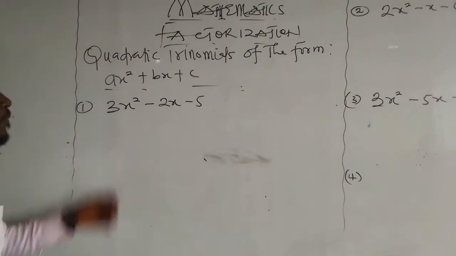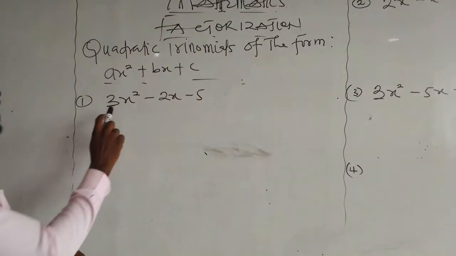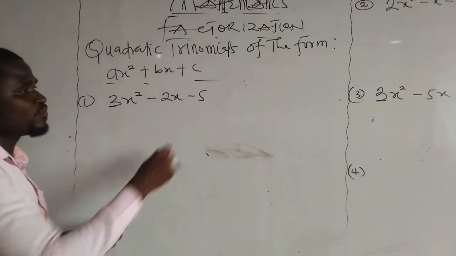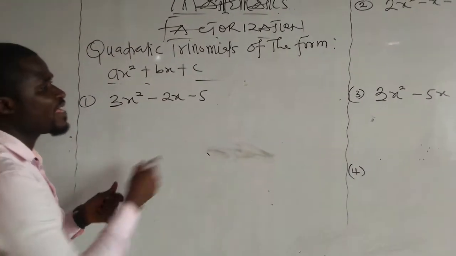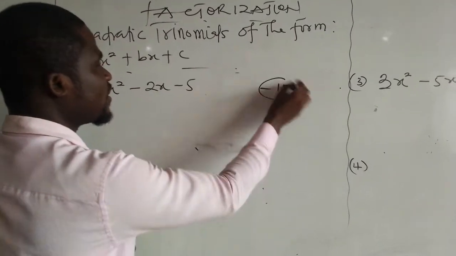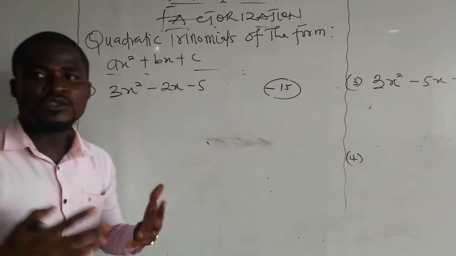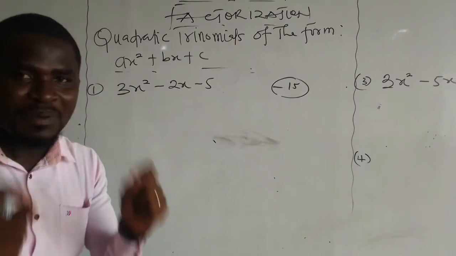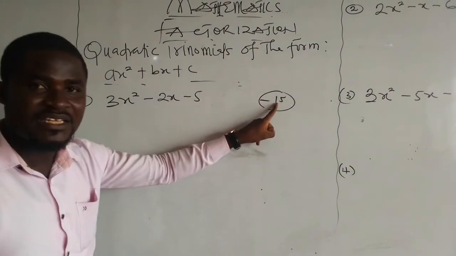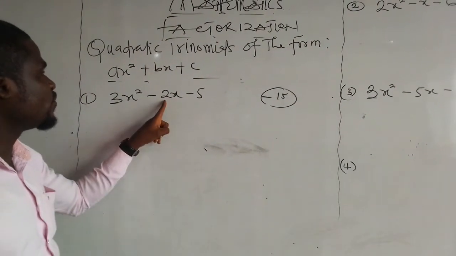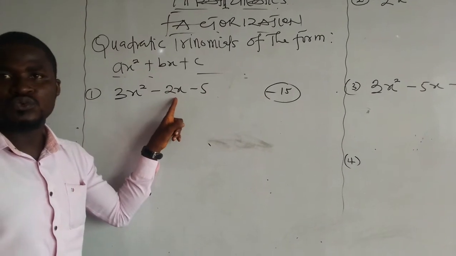The first example, we are going to use the 3 here to multiply the negative 5. So 3 times negative 5 will give us negative 15. Now, when you get negative 15, look for two numbers that if you multiply, it will give you negative 15. But the same two numbers, when you add them, it should give you negative 2.